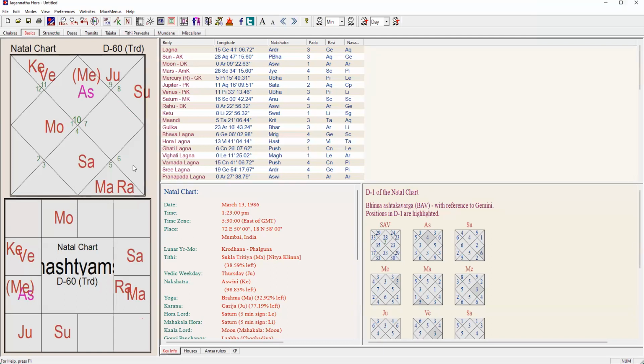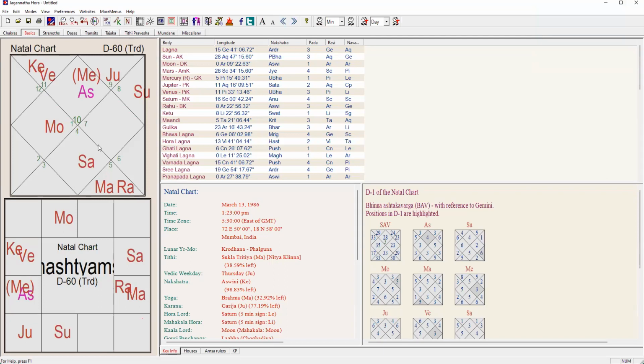So why, if we are applying everything in the D1 chart, why we are not applying in divisional chart that part? Okay, so if you read Saravali or Sarvartha Chintamani, these are the two books which give you major information about divisional charts.